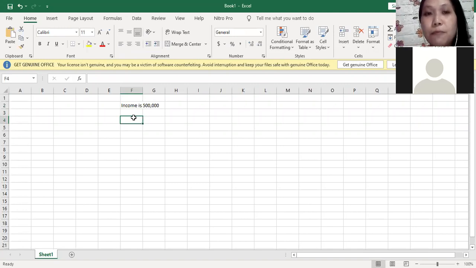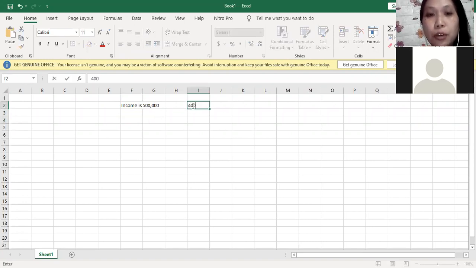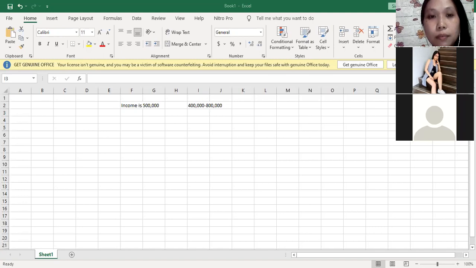It says there that 400,000, so atong ibutang kanisha is included in the 400,000. 400,000 to 800,000. Was that 800,000? I think that was part of 800,000. Let me check. Yes, ma'am. Sakto. Yes, it's correct.